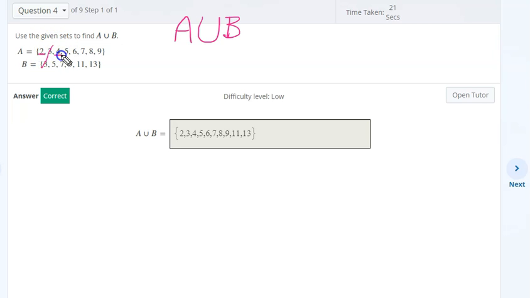I'll need a 4. I'll need a 5. I'll need a 6. I'll need a 7. I'll need an 8, 9, then 11 and 13. And as you list them, again, you have to put in your braces, no comma at the end, and then close with a brace. So that one was rather straightforward.